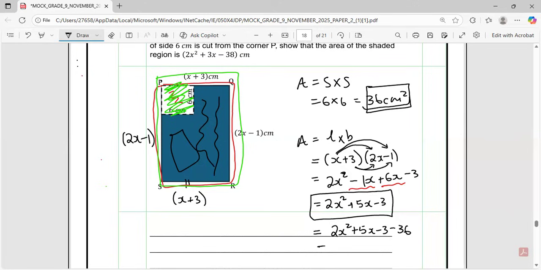So finally our answer is going to be 2x squared plus 5x minus 3 minus 36, which is going to give us 2x squared plus 5x minus 39. So that is our answer.